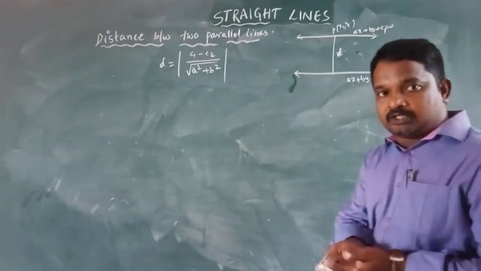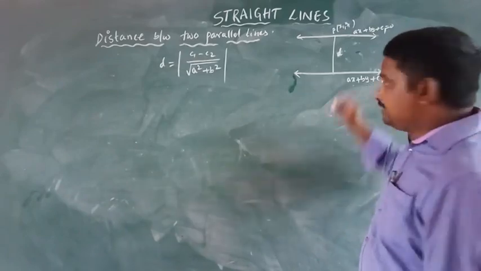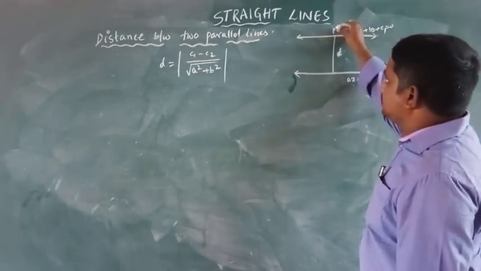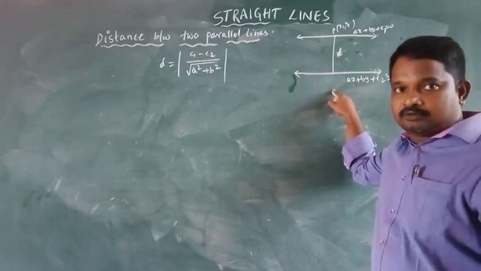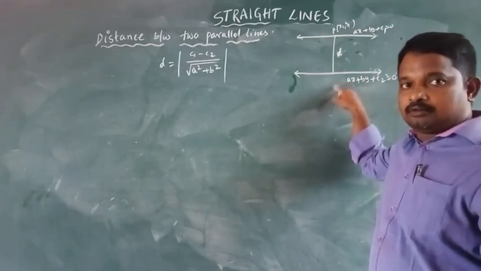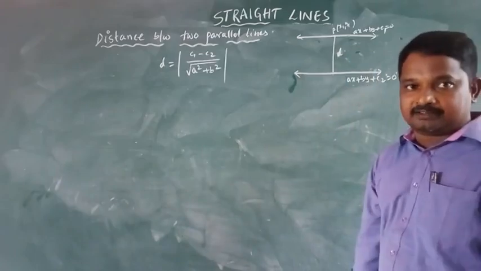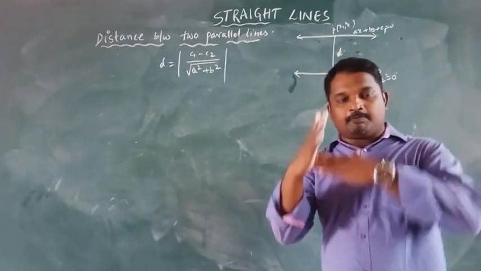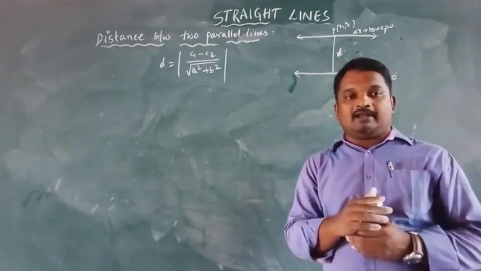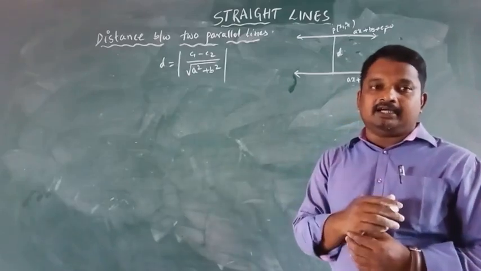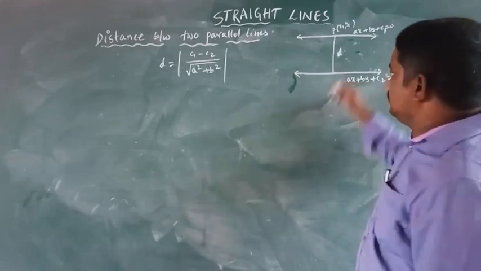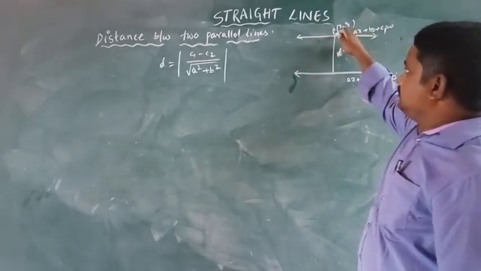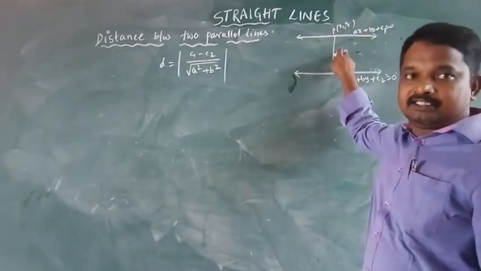Distance between two parallel lines means the perpendicular distance from a point P on one line to the second parallel line. So P(x1, y1) and this line, this is the distance.